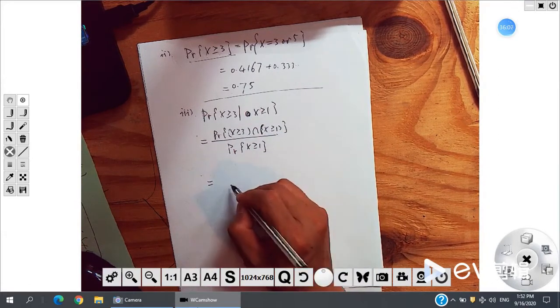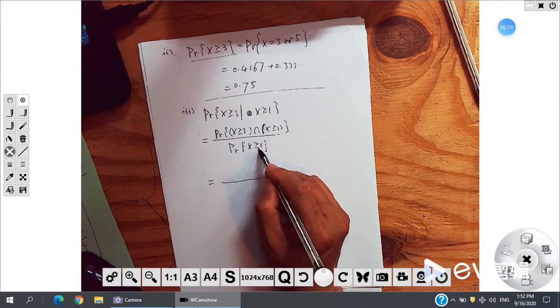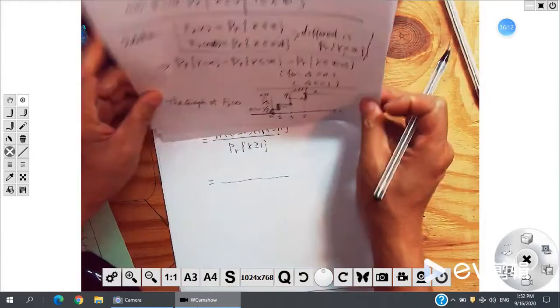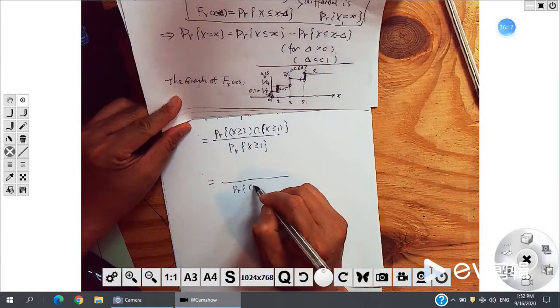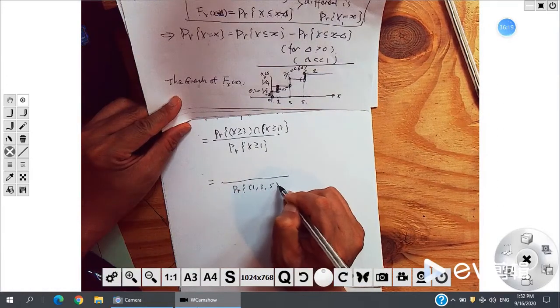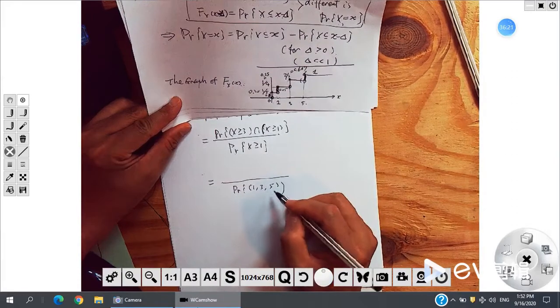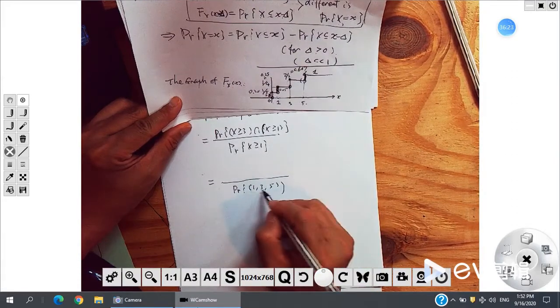We need to plug in x larger than or equal to 1. That is the probability of x equal to 1, 3, or 5.